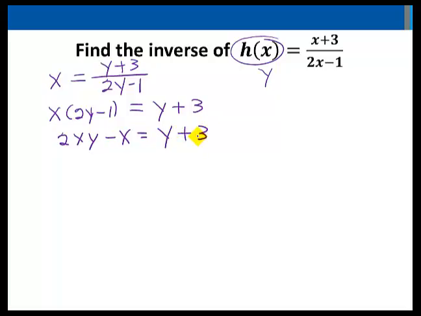We want all the y terms on the left side, all the terms without y's in them on the right side. So 2xy minus y equals x plus 3.